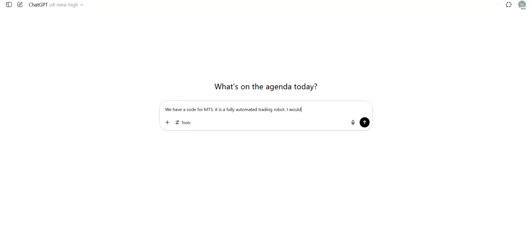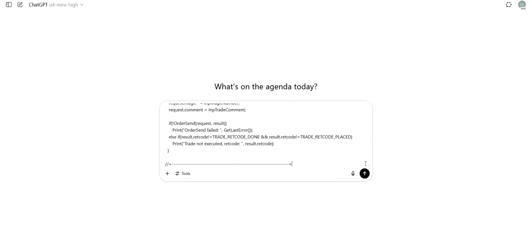I would like you to add a pin bar, both for short and long trade confirmation. Here is my code.